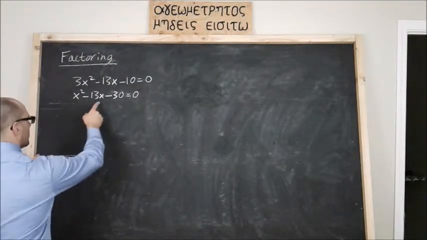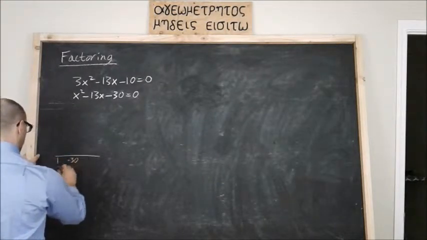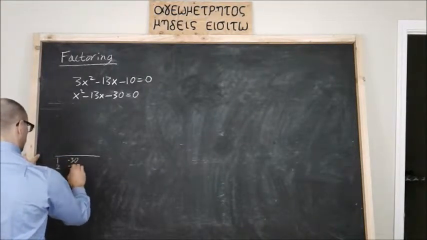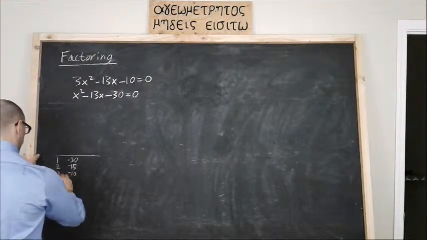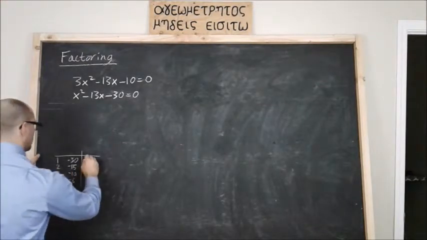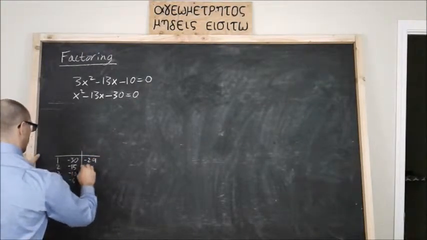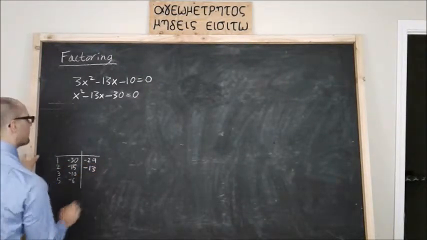For 30, I have 1 and minus 30, 2 and minus 15, 3 and minus 10, 5 and minus 6. 1 minus 30 is negative 29, 2 minus 15 is minus 13.